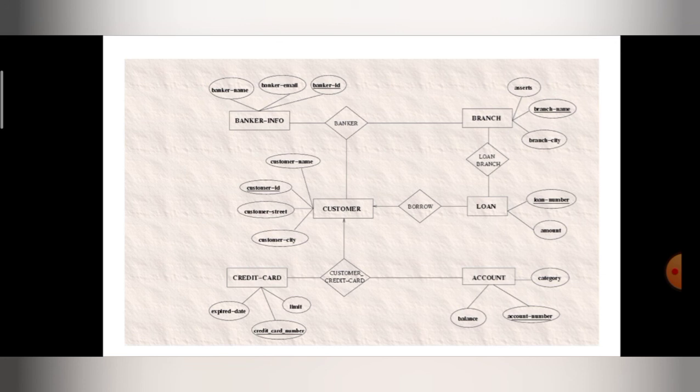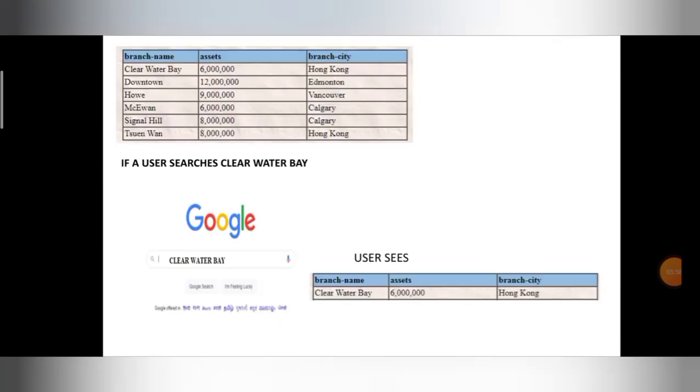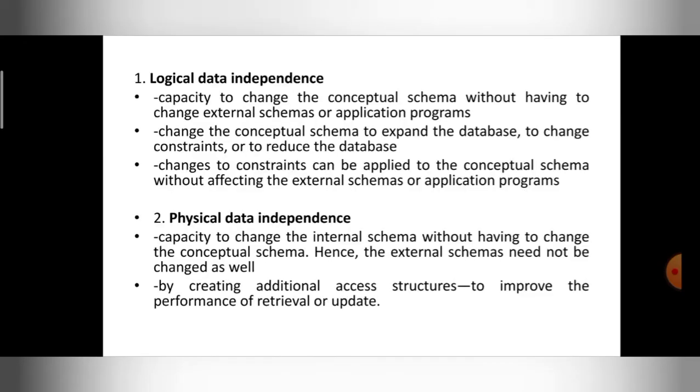If you change the diagram here, your program won't be affected. Getting, guys? Your interface won't be affected. Your diagram can be easily changed without affecting the external view. That is nothing but logical data independence.